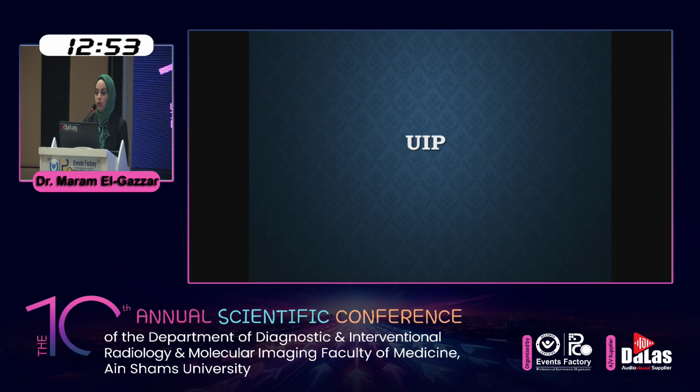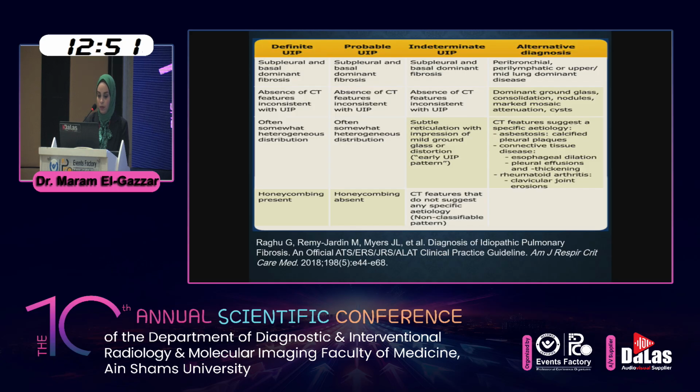The second pattern we have is UIP. In the past, there was no differentiation of patterns of UIP. When we saw basal honeycombing, it was UIP; if there was no honeycombing, no UIP. Now they subcategorize UIP into definite UIP, probable UIP, indeterminate, and alternative diagnosis. When there is honeycombing, it is definite UIP. With probable UIP, there is no honeycombing, but there is subpleural and basal dominant fibrosis.